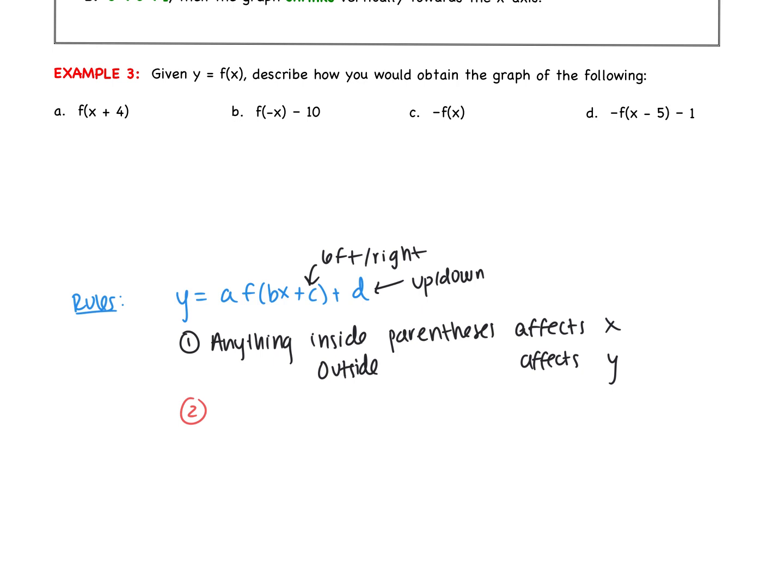What you need to know is that reflections happen before movement. And that is always the case. So our reflections are A and B because they're being multiplied. So we would always do A and B before we move it all.